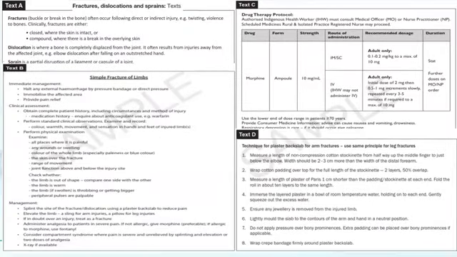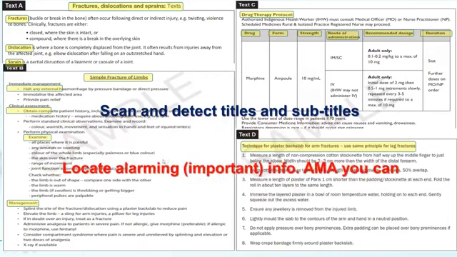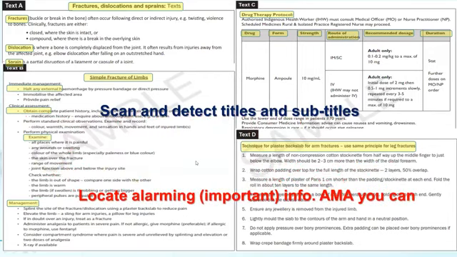Okay, this is a sample for reading part A. These are four texts: text A, text B, text C, and text D. The technique to start reading and answering the 20 questions for these four short texts is that you have to scan and detect titles and subtitles first.